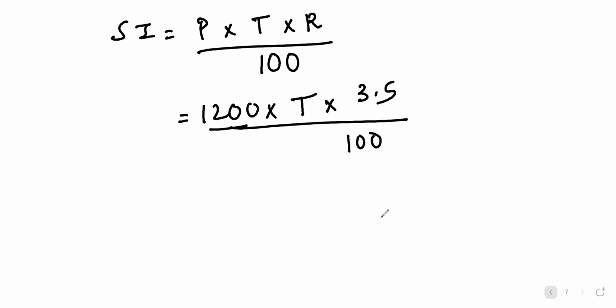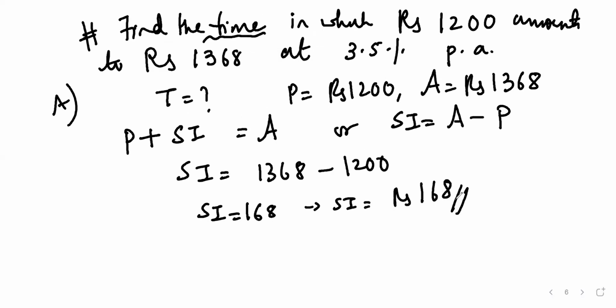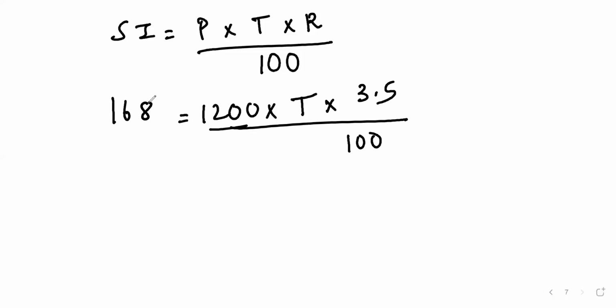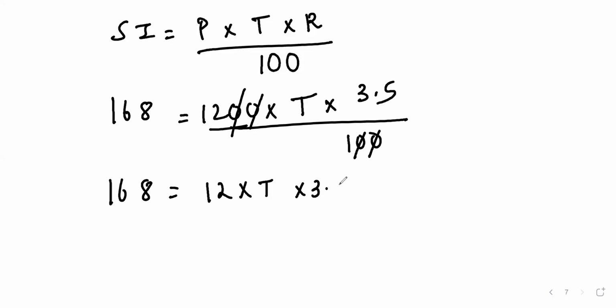So what is interest? We just now computed: amount minus principal, which is 168. So 168, isn't it? So now these two zeros and these two zeros will cancel. I have 1 in the denominator. 168 is 12 into T into 3.5.